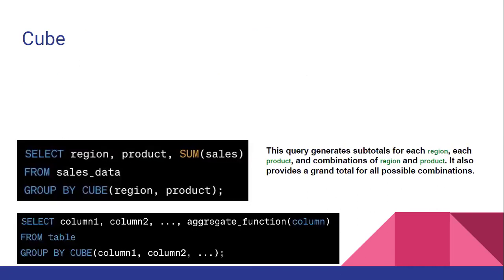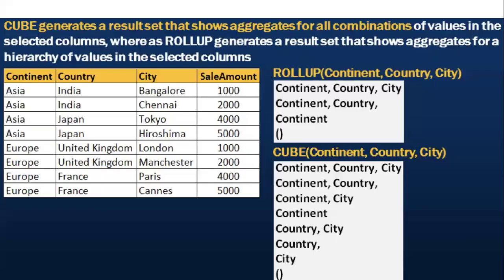This was the syntax that we used: a select statement with the aggregate function sum of salary, from employee, then the group by clause, and then cube. In the brackets, I have used department for one column, then department and gender to show you two columns, and also department, gender, and designation to show you how it works with three columns.